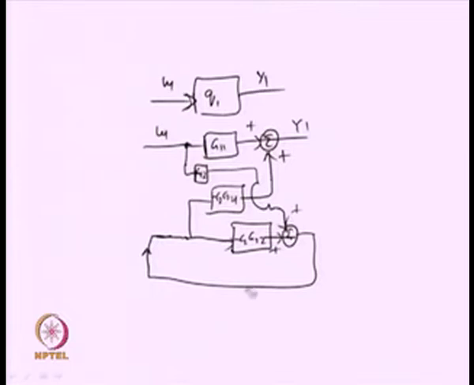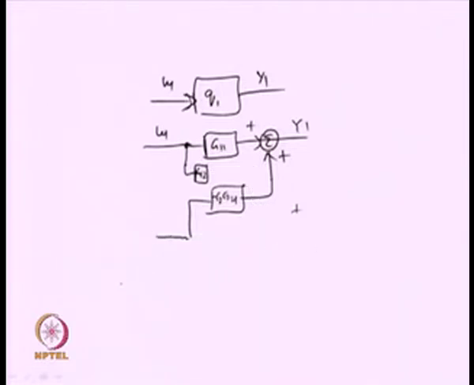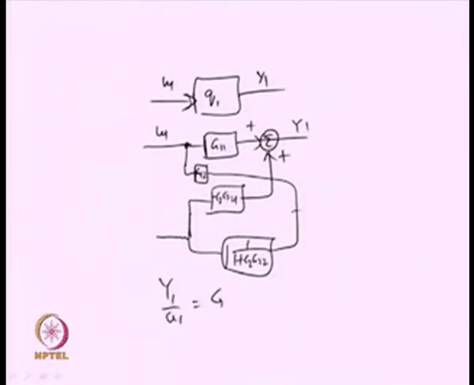Okay. So, again this full dynamics can be given by 1 upon 1 plus C2 G22. Okay. So, this will get added. So, ultimately Y1 upon U1 will be G11 coming from here minus C2 G12 G21 upon 1 plus C2 G22.